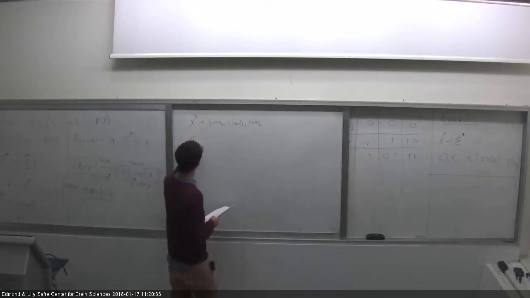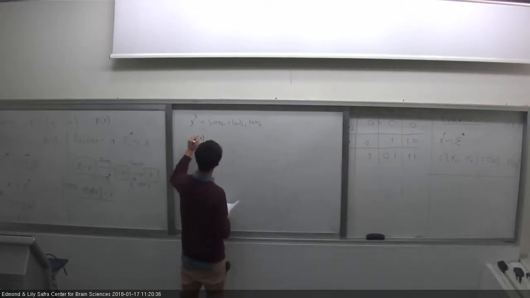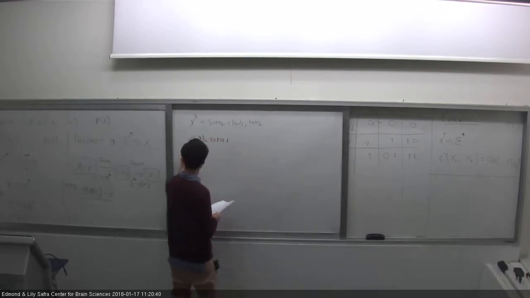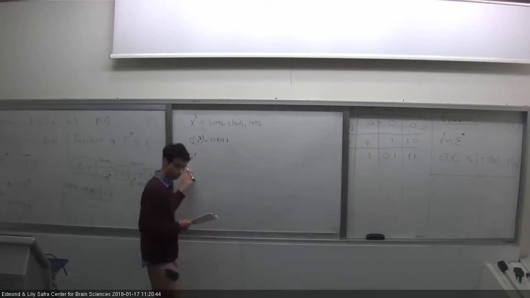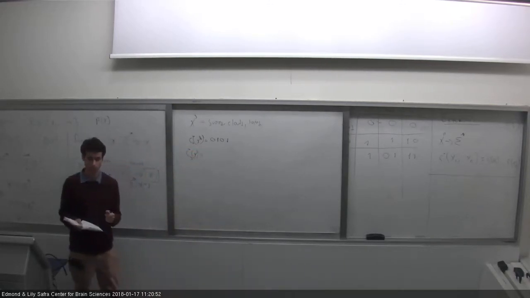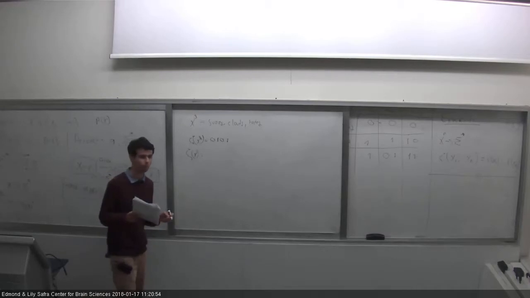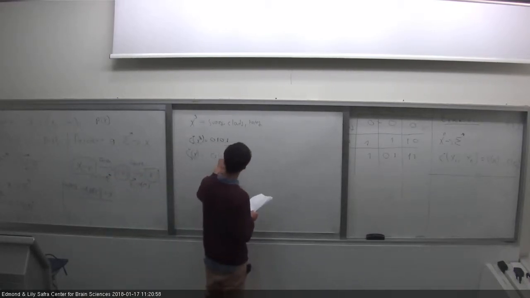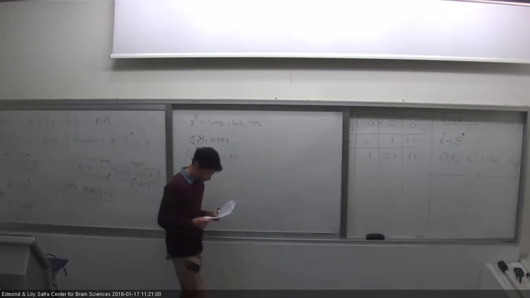So C of x will be 0, 1, 0, 1, and with C3 it will be 0, 1, 0, 1, 1. Right. 0, 1, 0, 1. Okay?